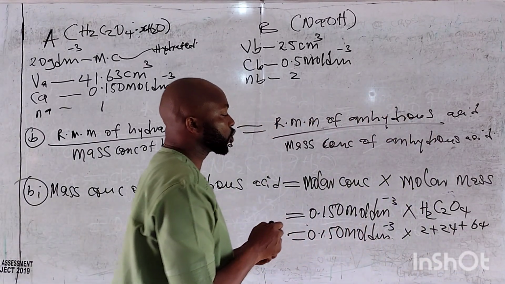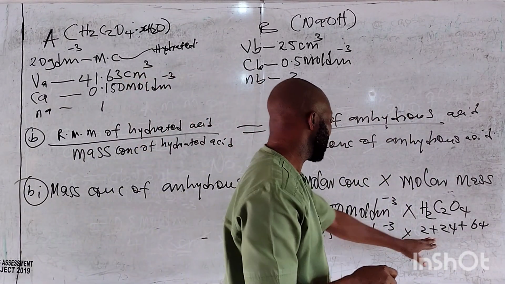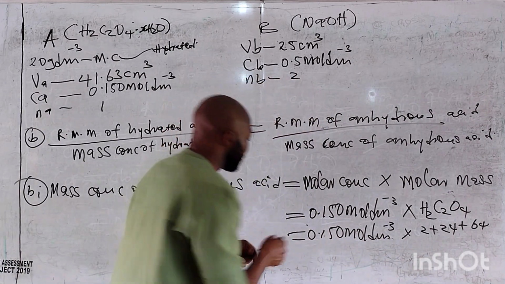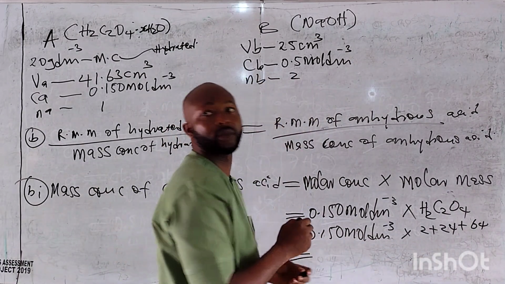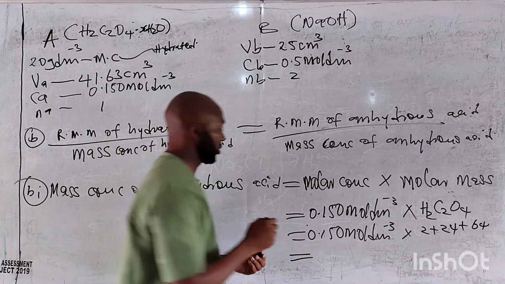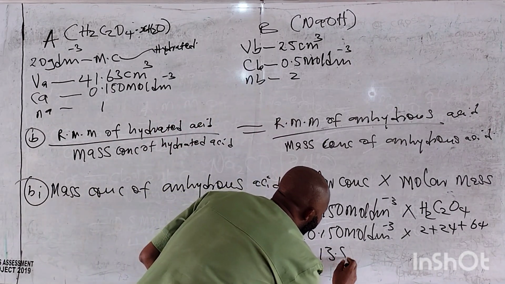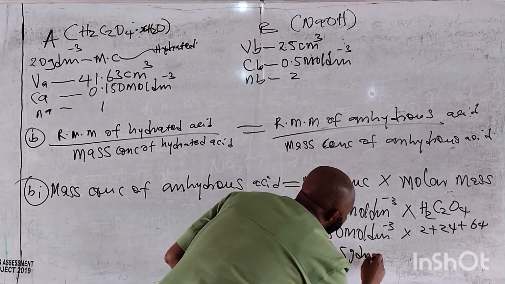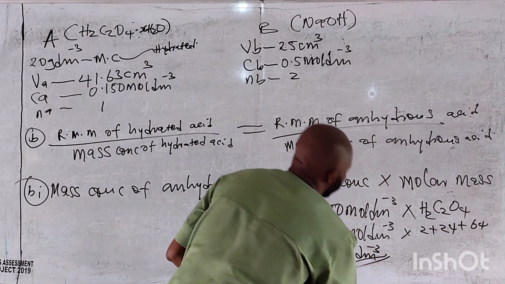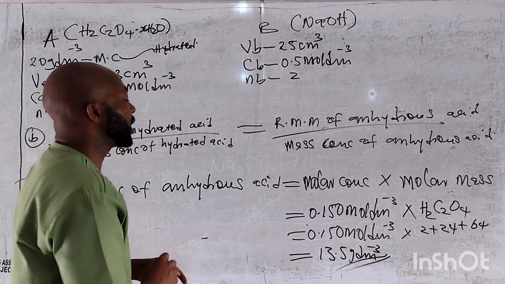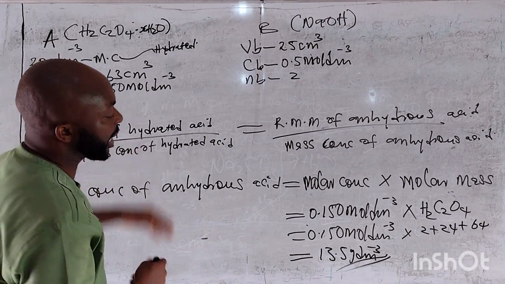So 64 plus 26 is 90. 90 times 0.150 is 13.5 g/dm cube. So that is our mass concentration of the anhydrous.